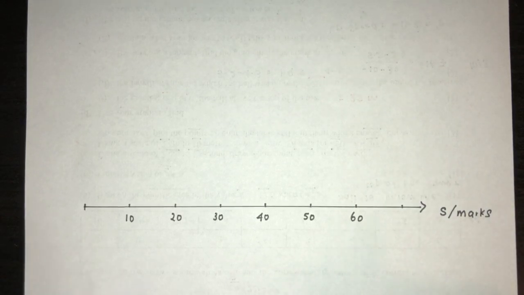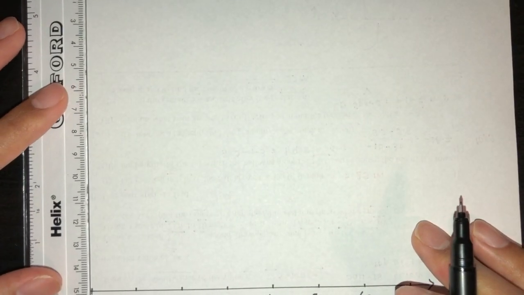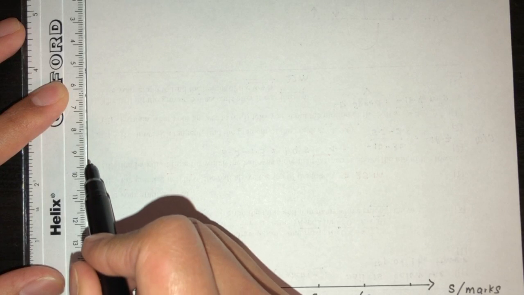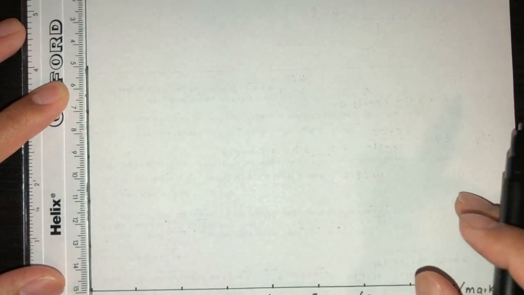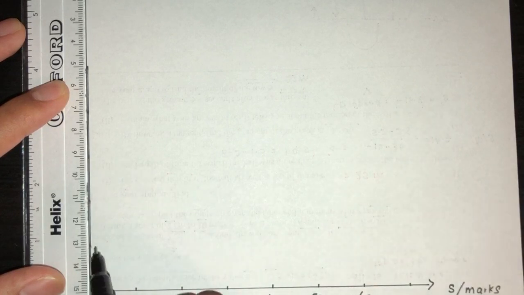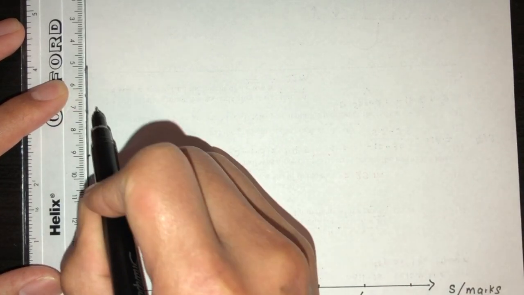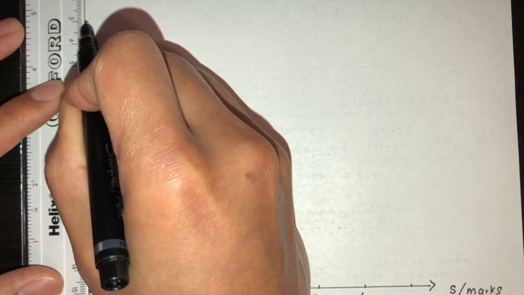And you will have a vertical axis of value 0 to 300, 2 centimeters for 50 pupils. So let's try our best again. So this is 1, 2, 3, 4, 5, and one more, 6.